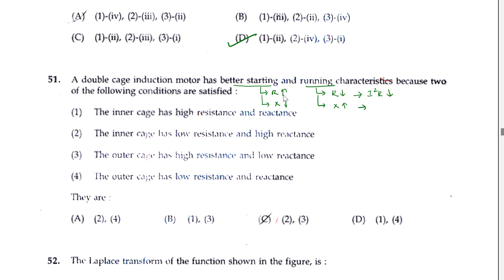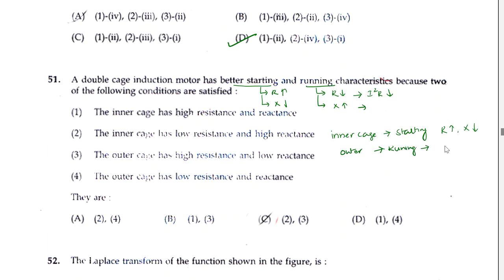Depending upon this, the inner cage is used for the starting purpose. As you know, starting will have high resistance and low reactance. The outer cage winding is used for running condition.